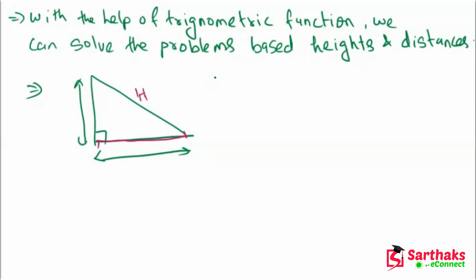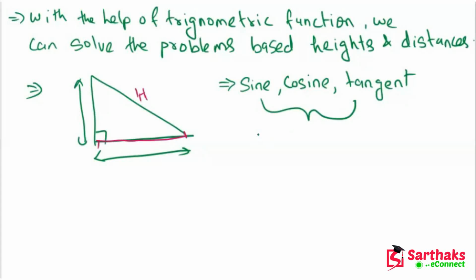So my dear friends, there are 3 most important trigonometric ratios. Basically there are 6 trigonometric ratios, but the most common and important ones are sine, cosine and tangent. These 3 trigonometric ratios are called primary trigonometric ratios.